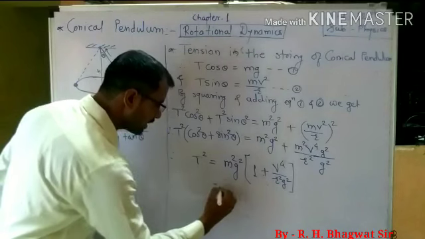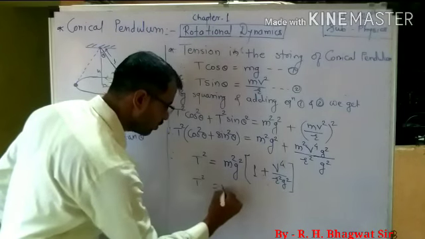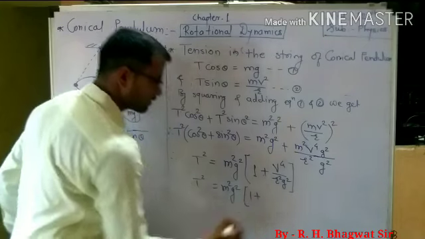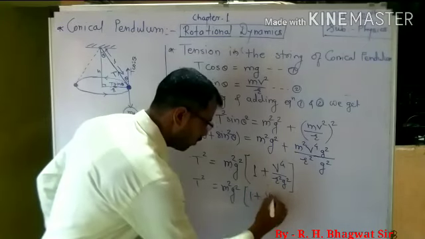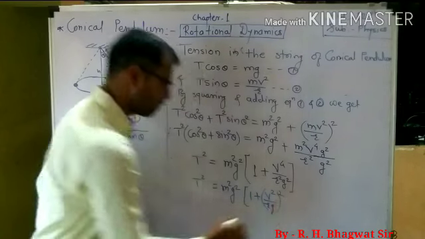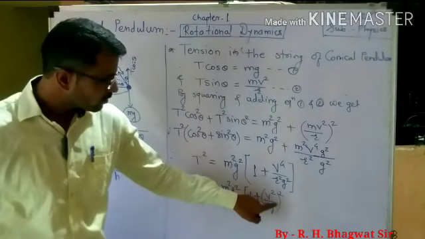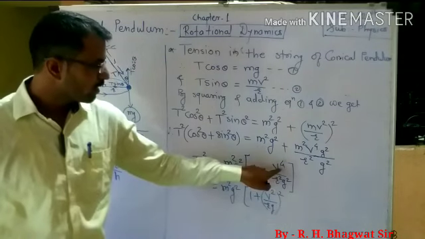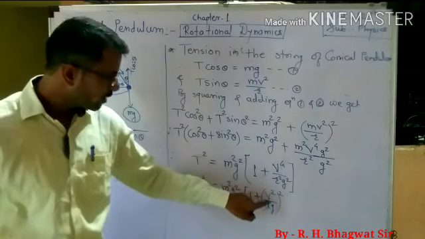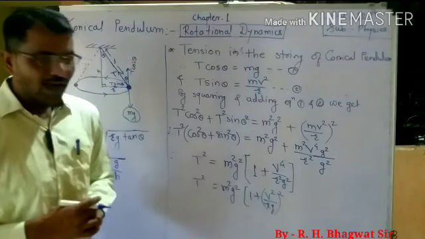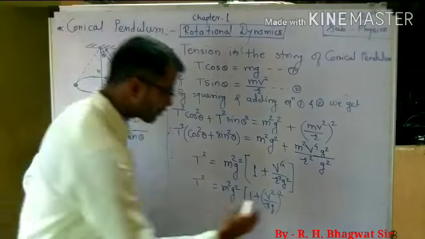Now this can be written as T square is equal to m square g square in bracket 1 plus (v square upon rg) bracket square, because when we square v square upon rg, v raised to 4 divided by r square g square is obtained.